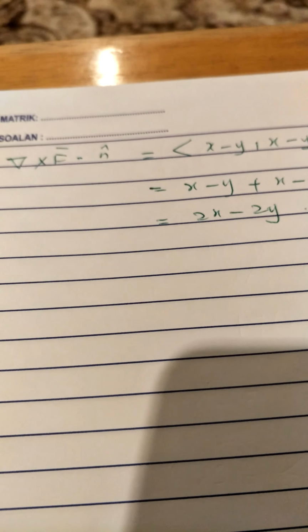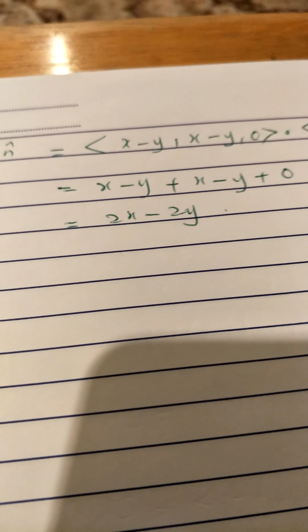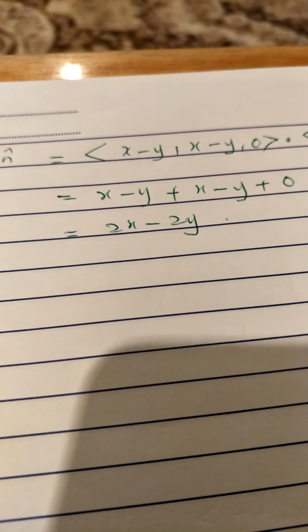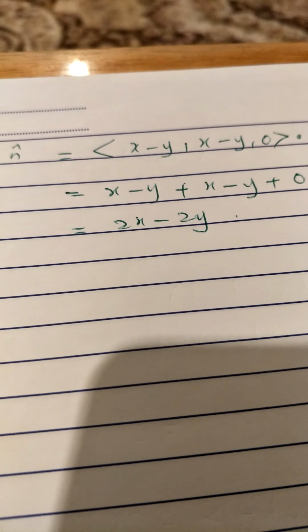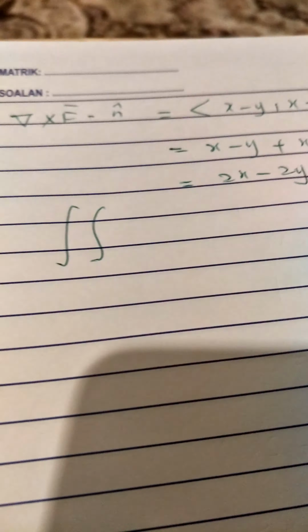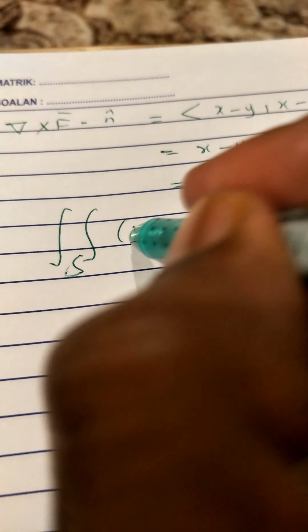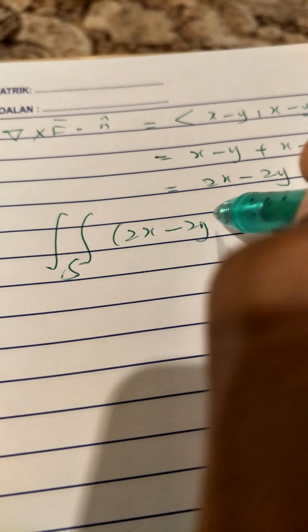Now you can evaluate this. If we put it in the integral over S, we have 2x minus 2y dx dy.